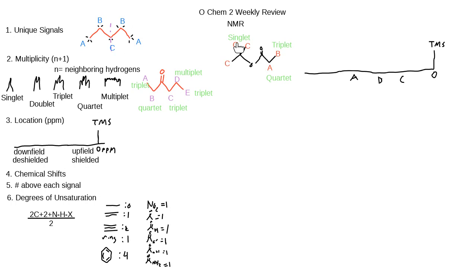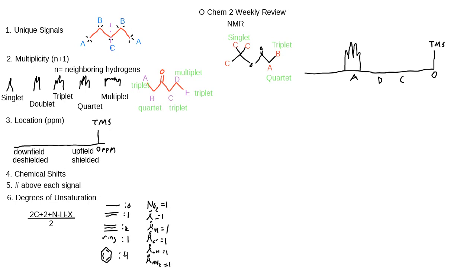All right, so now that we got our unique signals, we have our multiplicity, we can graph this. And like I said, we are going to ignore location for now, and we're just going to graph using these two pieces of information. Okay? So A is a quartet, so my peaks should look like this.